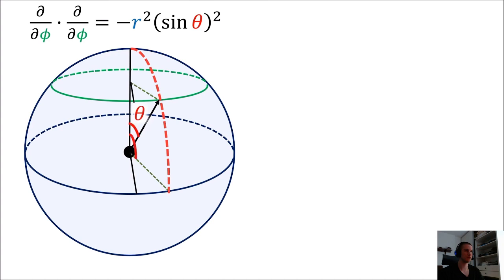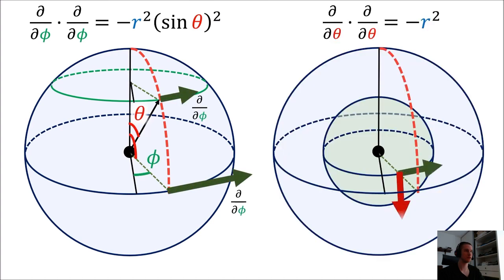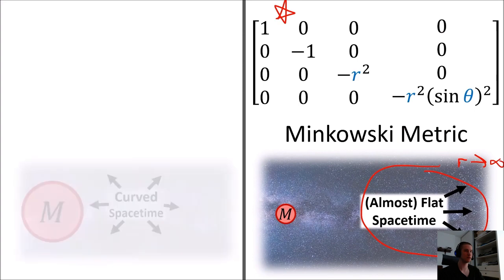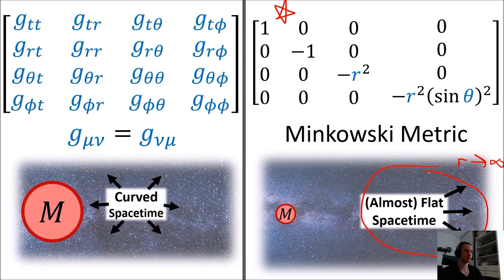For example, the phi basis vector is bigger near the equator, and both the theta and phi basis vectors get longer as we move away from the origin. So this should be the metric far away from the mass, as r approaches infinity and spacetime becomes flat. But close to the mass, the metric components of the curved spacetime are unknown.